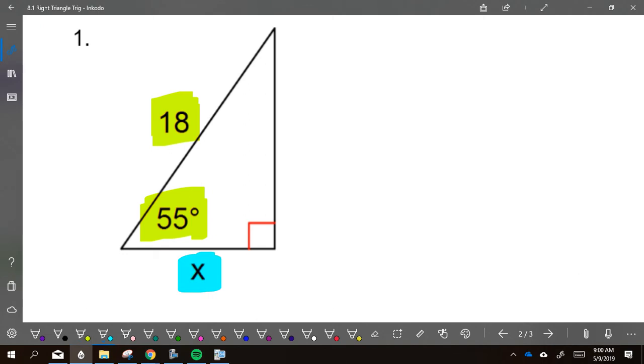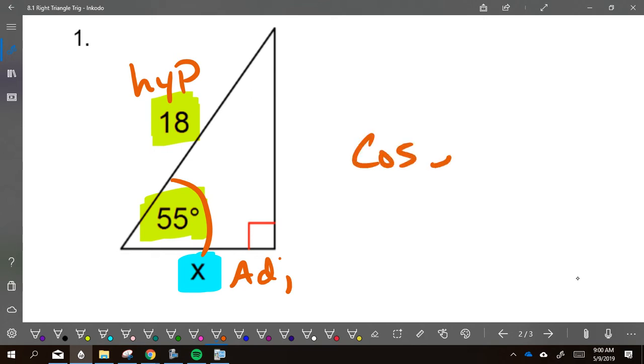And so which trig function here, Campbell, would you use to help us to solve for x? Sine. So what's 18 going to be? It's the hypotenuse. How is the x related to the 55? It's the adjacent side. So if we're doing hypotenuse and adjacent here, Reagan, which trig function are we using? Cosine. So cosine of my angle is going to be equal to what then?